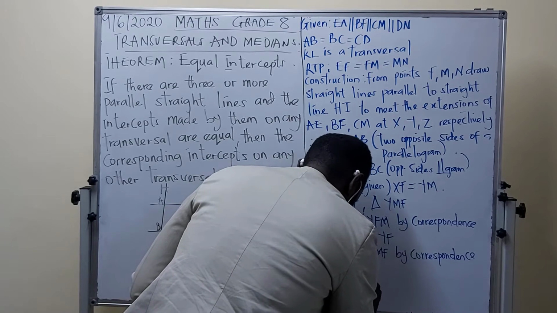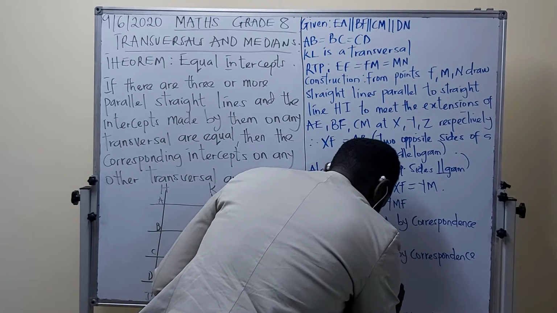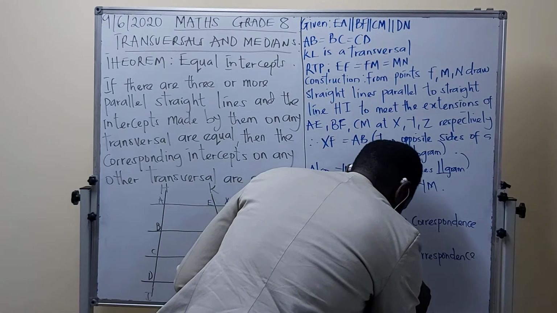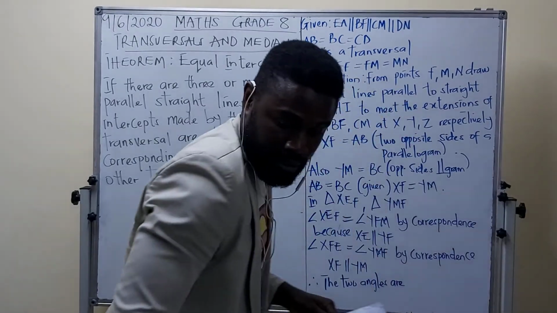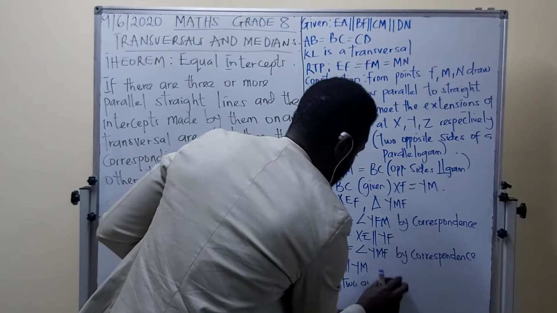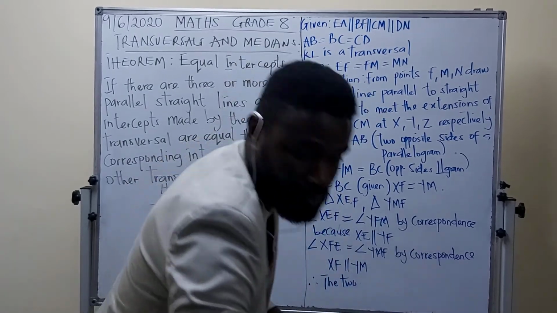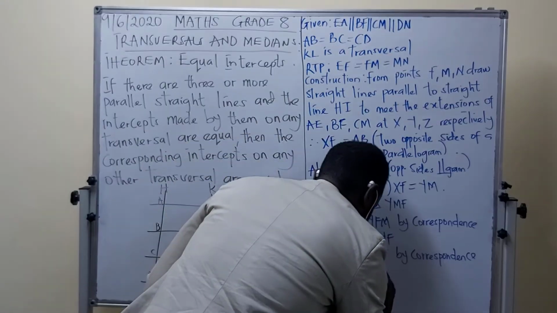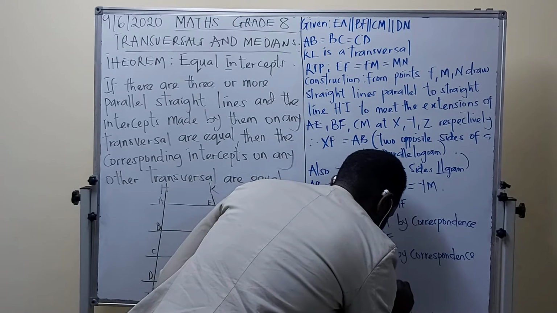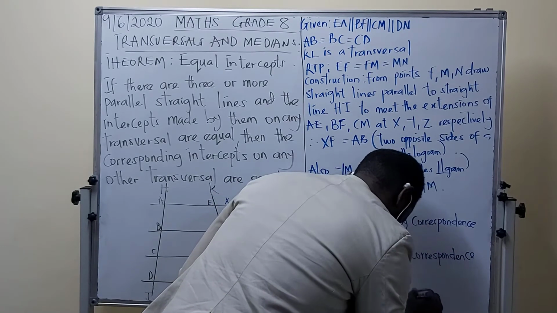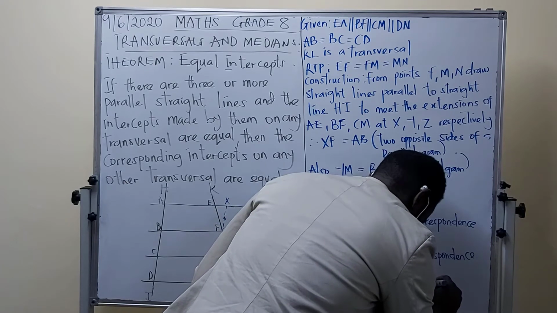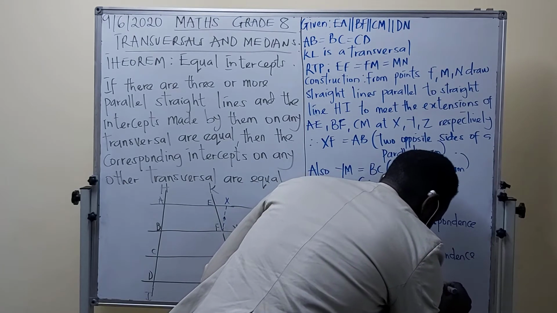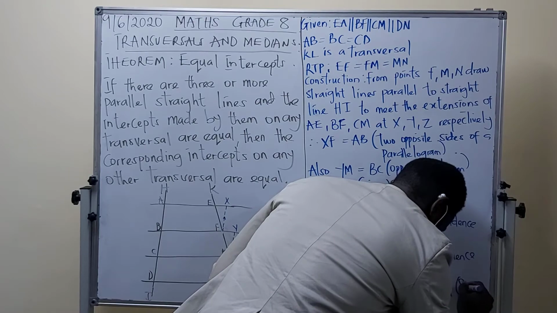Therefore, the two triangles are equal. Side angle.